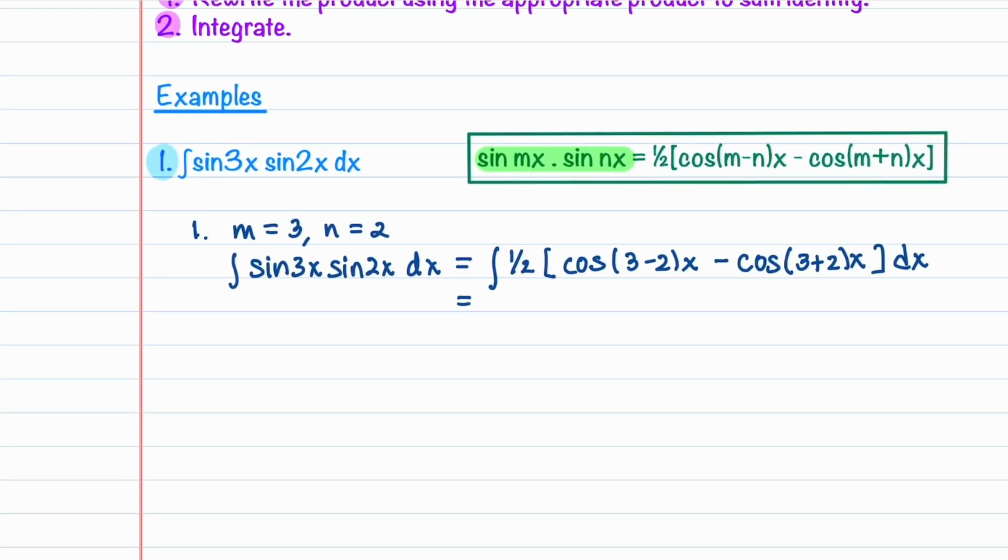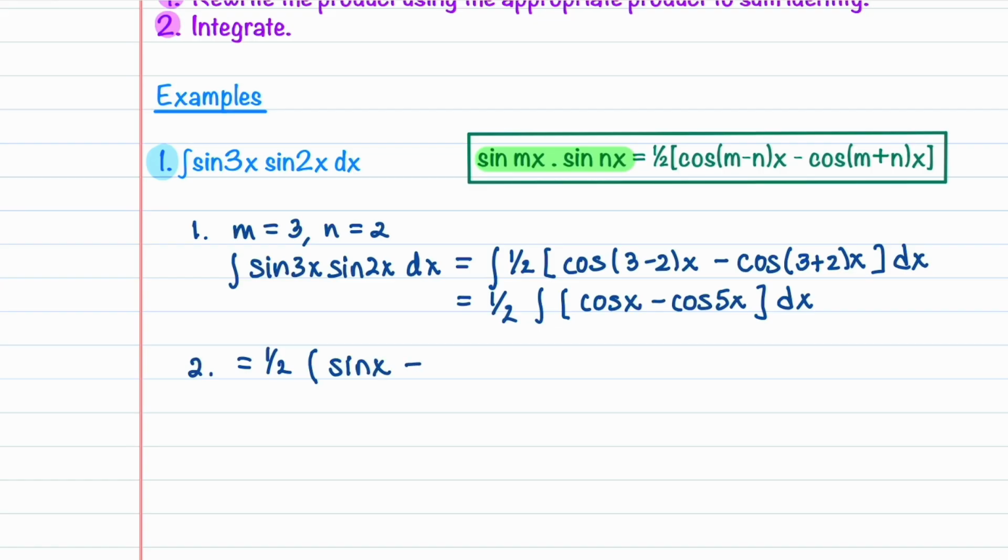Let's go ahead and simplify this. I'm going to pull the 1/2 out in front, and then we have a cosine x minus cosine 5x, and we can easily integrate that. And that's our second step. All we have to do is just do the integration. The integral of cosine is sine x. And then we have minus the integral of cosine 5x.